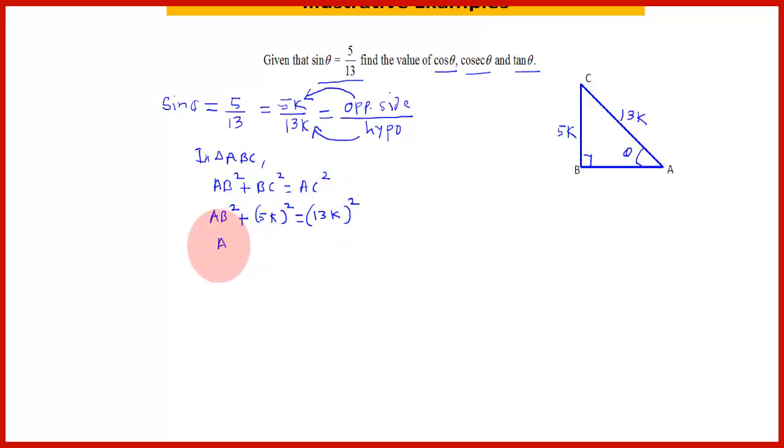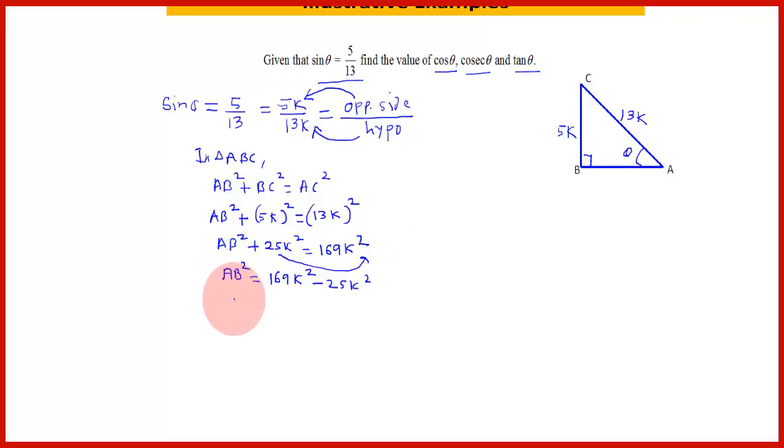So AB square plus 25k square is equal to (13k) square, that is 13 square, which is 169k square, and so AB square is equal to, taking 25k square to the other side, 169k square minus 25k square.